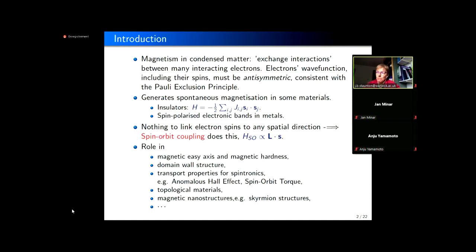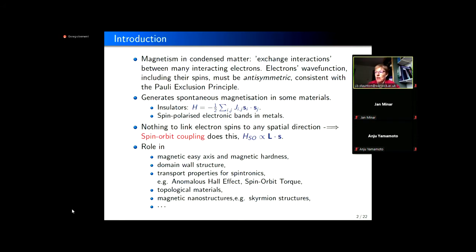One can see where the Heisenberg interaction, an effective spin interaction for insulators, comes from in that sort of analysis. And in a density functional theory prescription of materials properties, you have the spin-polarized electronic bands in some metals. However, you can see from these first two bullet points that there's nothing that links these electron spins to any spatial direction.